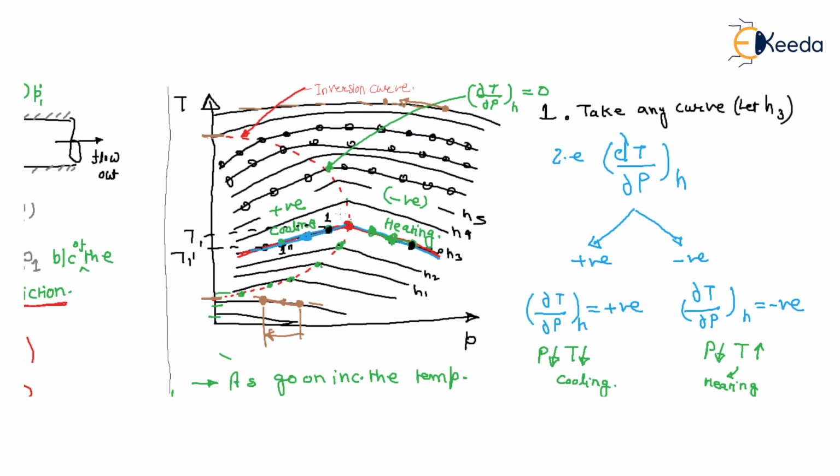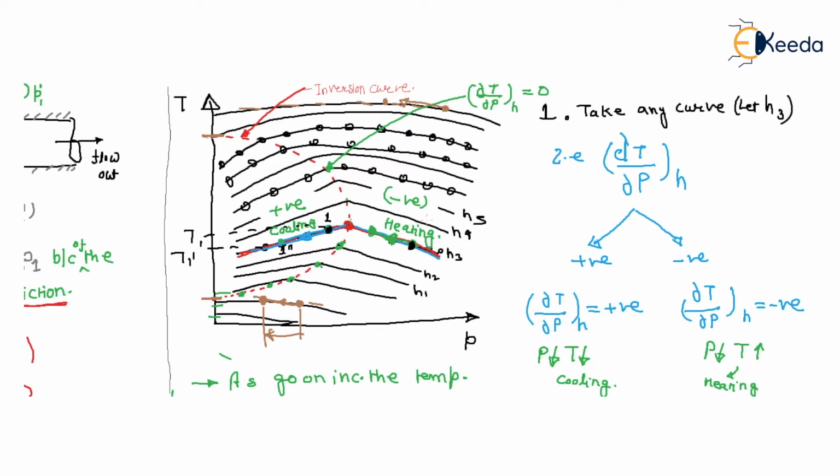Number second, if we increase the temperature, the inversion curve first is on the right side, and after a certain value it will shift towards the left side. Number third, it is the inversion curve which separates the cooling and heating zone.